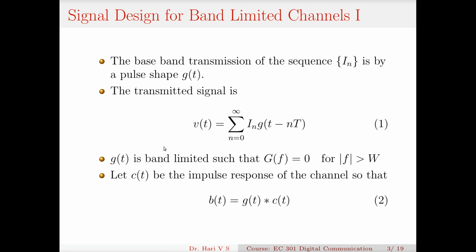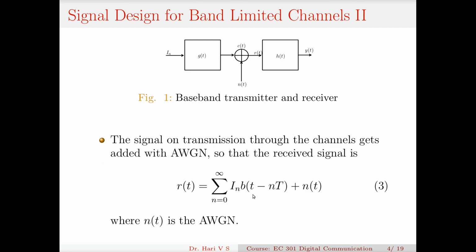We assume that the channel is also a linear time invariant system with impulse response c(t). When v(t) passes through the channel, g(t) gets convolved with my c(t). So together, my pulse shape as well as the channel has a total impulse response of b(t), which is g(t) convolution c(t). This will be very clear from the next diagram.